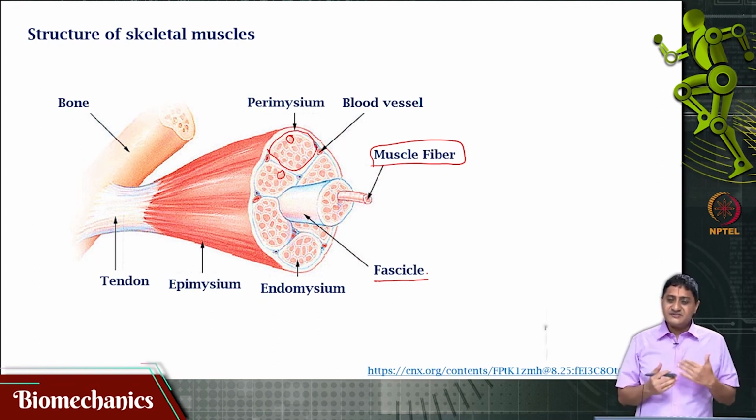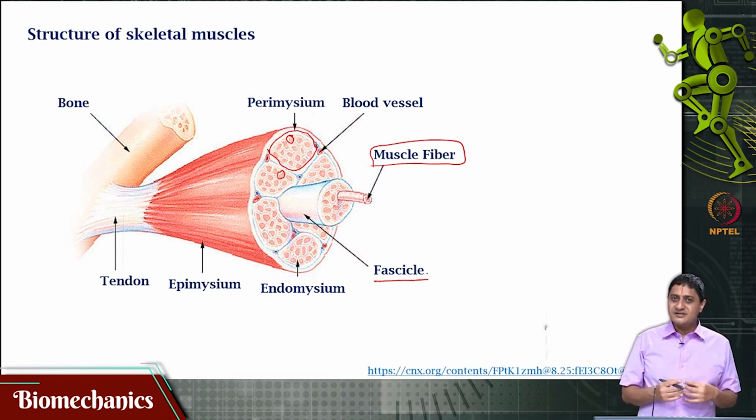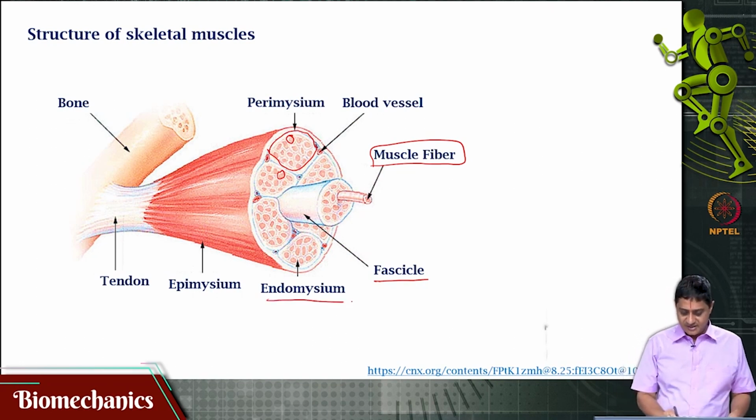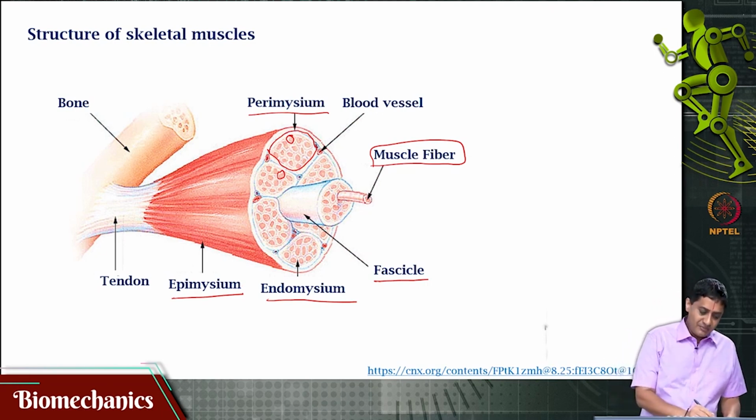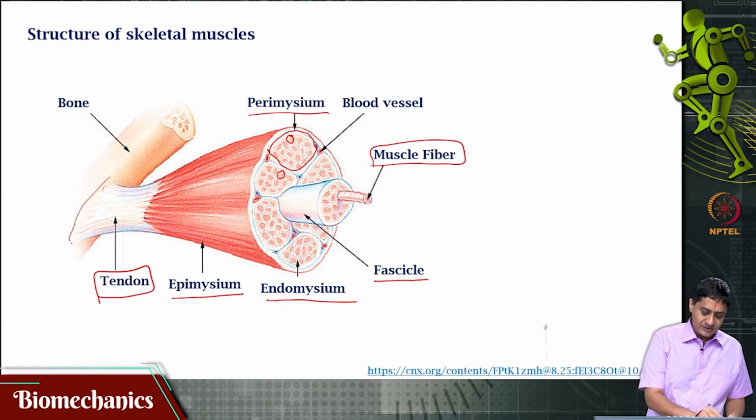And at each of these hierarchical levels, there is a fascia-like covering that is there to protect and sometimes also to transmit some forces. Right. These are called endomysium, perimysium, epimysium, etc. And the muscle itself continues on to become the tendon and attach to the bone here.